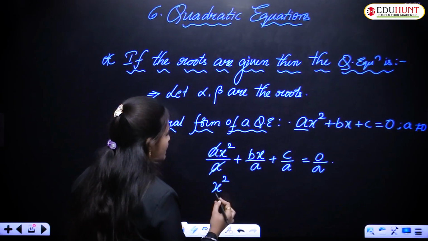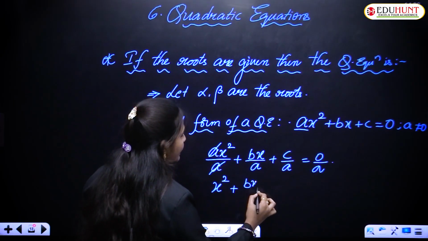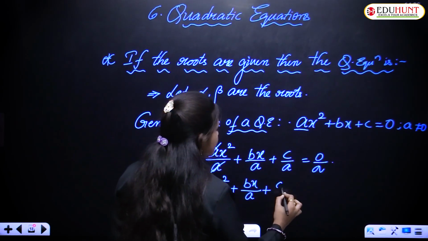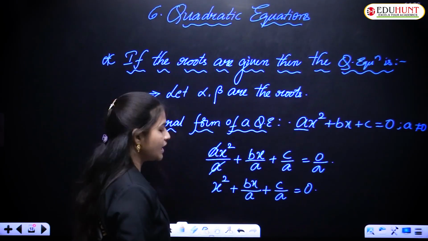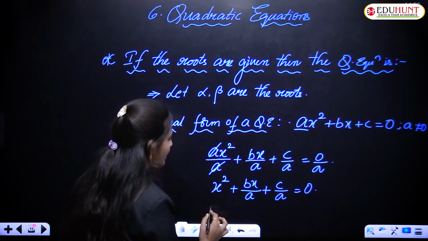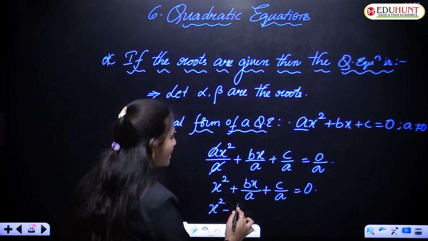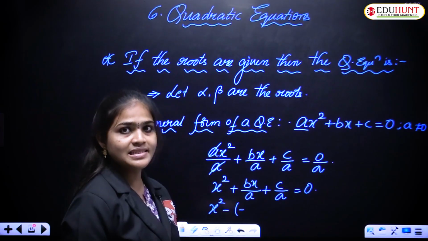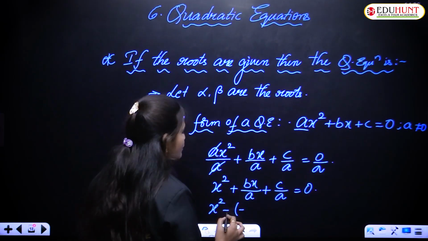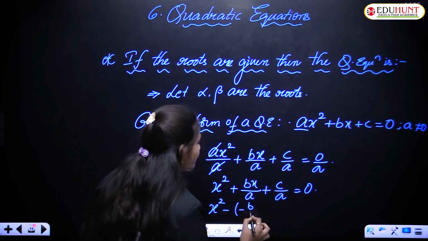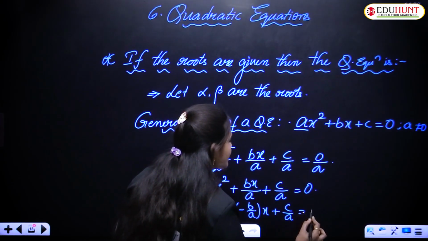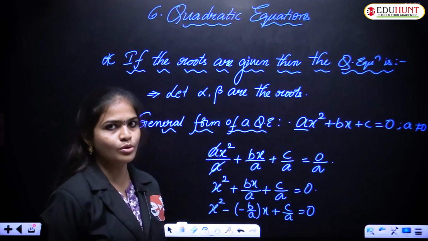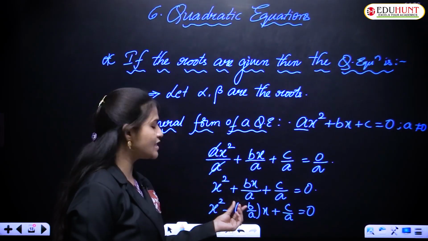So this is x square plus bx by a plus c by a is equal to 0 by a, means 0. Okay children, here I want to write this as x square minus of minus, again plus only, no? So x square minus of minus b by a into x plus c by a is equal to 0. I just separated the terms, and I wrote plus as minus into minus.